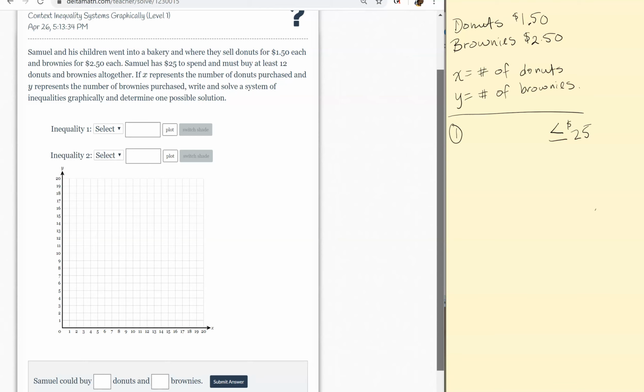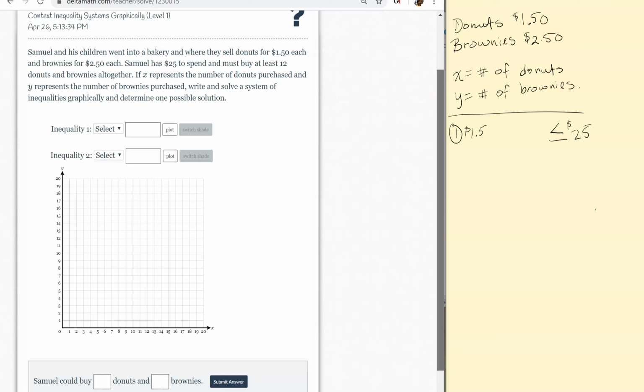All of our units have to have some sort of currency in them, so we bring in how much the donuts and the brownies cost. The donuts are $1.50. You can put the 0, it's just a placeholder, so you can put it if it helps you see that it is money, but you don't necessarily need it.